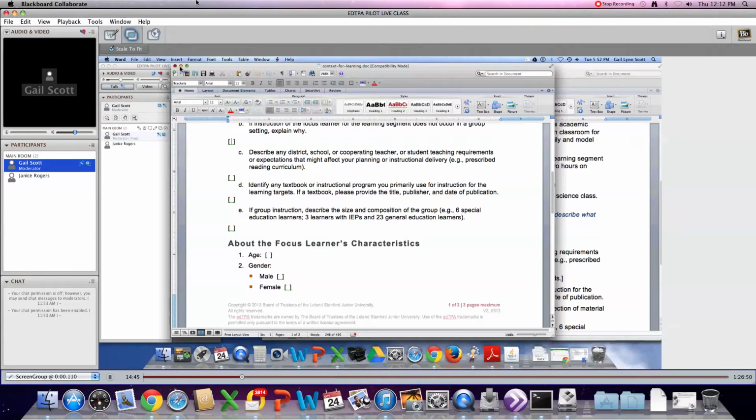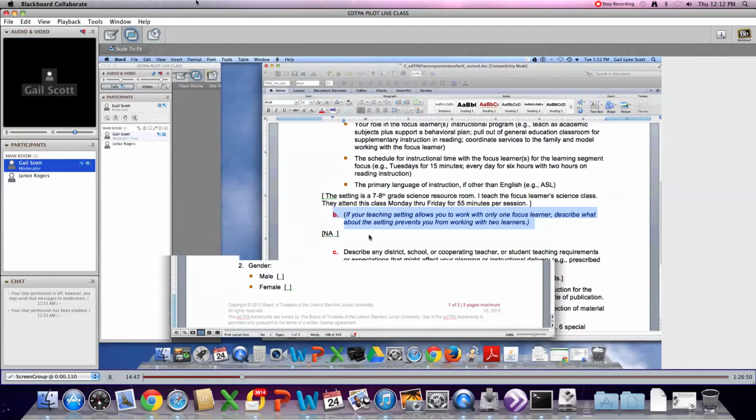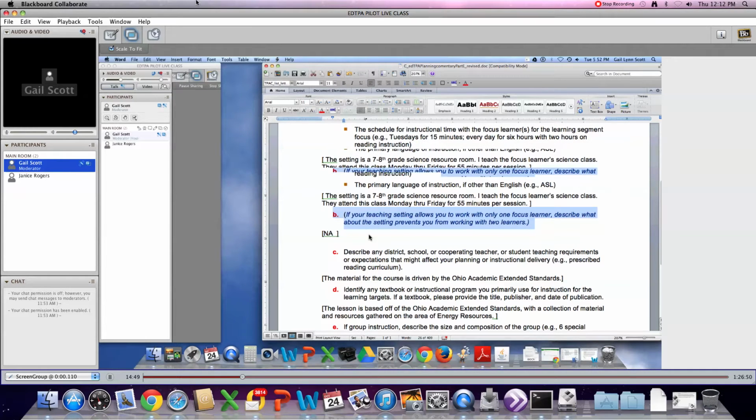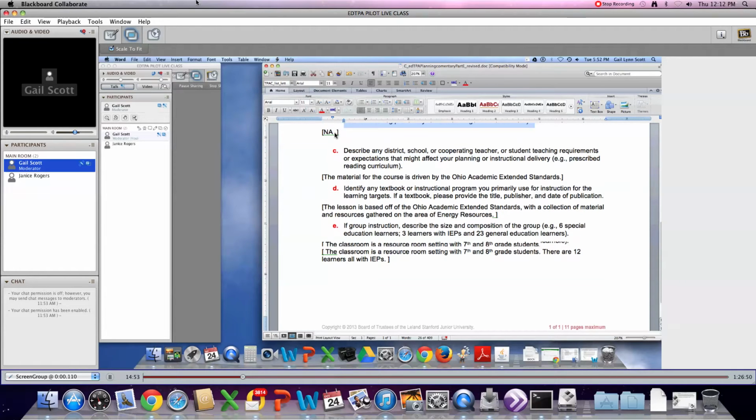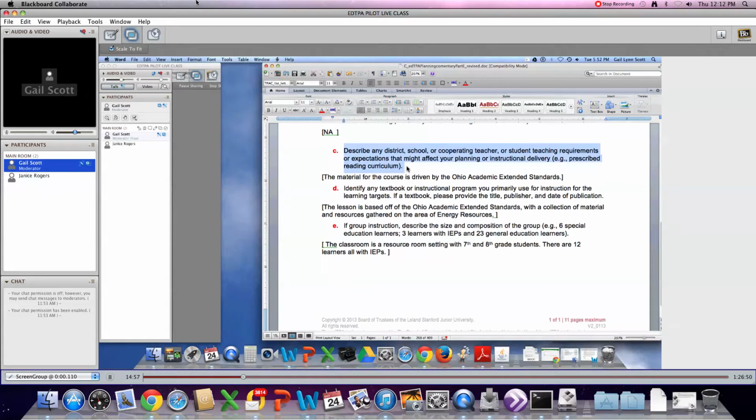Okay, now I can get rid of that because B was different. Most of the time it'll be NA. Question C is the same on yours as it was for last year, so let's take a look at this. Describe any district, school, or cooperating teacher or student requirements or expectations that might affect your planning or instructional delivery. For instance, some schools do Read 180.